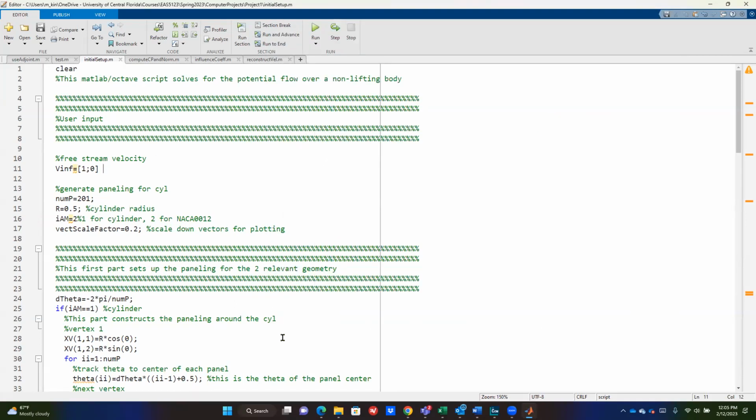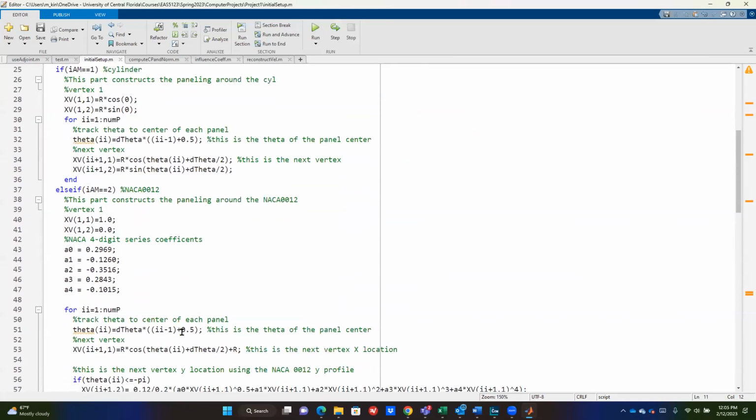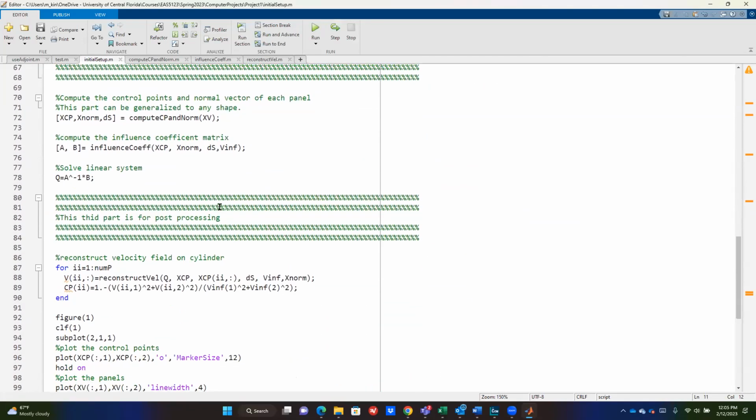I encourage you to dig through this and try to understand. I think the key things to understand are, understanding the whole discretization process, kind of get a gist for what's the difference between a vertex and a center, and why it leads to that small change of one, and imposing flow conditions at the control point.